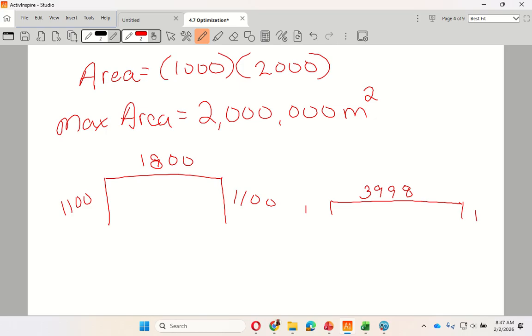It's just this times this, right? This is the river right here. So change my x to 1 and make it a really, really long rectangle. With whatever fencing is left, my max area is 3,998. Is that a lot less than my 2 million meters squared? It is. You can keep playing with the numbers over and over again to see what you're going to have.